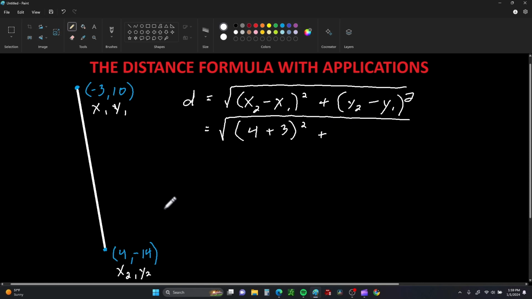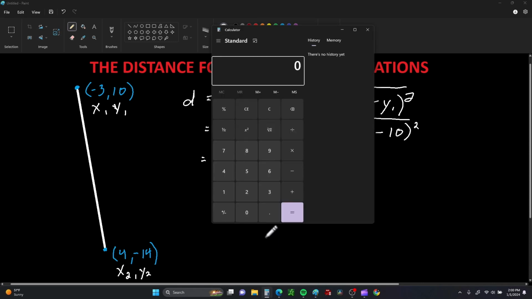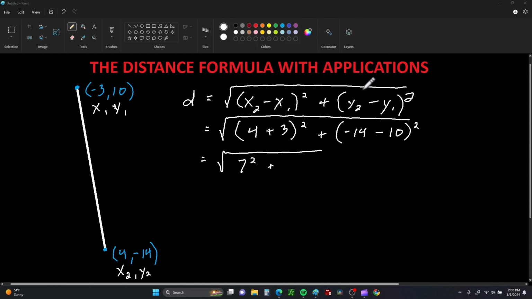And then I have y2, which is minus 14, minus y1, which is 10. So I'm subtracting a positive 10. And then I have the square root of 7 squared plus minus 24 squared, which gives me 576.